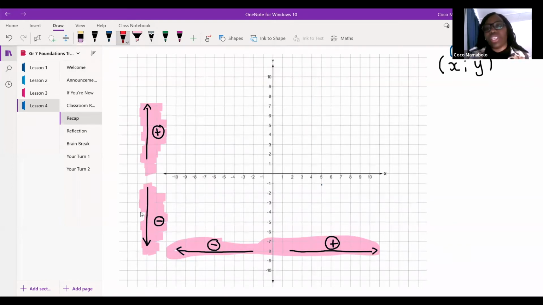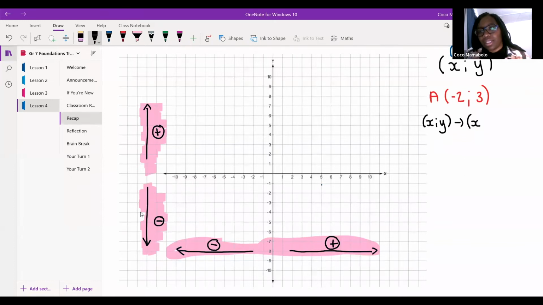I have a coordinate A, and my coordinate for A is (-2, 3). And my rule is (X, Y) goes to X + 5 and Y - 2.